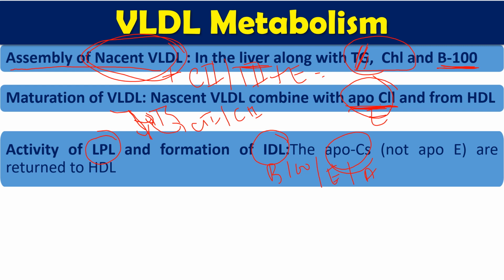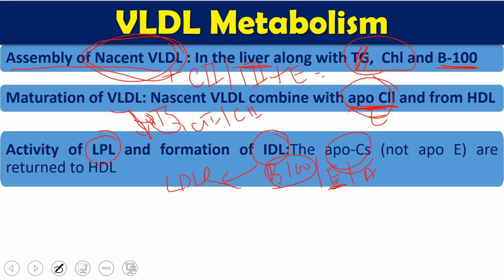So this is IDL. First we had nascent VLDL, then mature VLDL, and now we have IDL. Slowly, during the process, this IDL will go to the liver, where it binds with the LDL receptor, which is present on the liver hepatocytic cells.